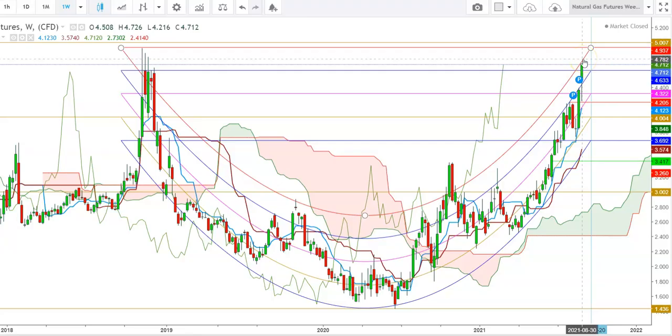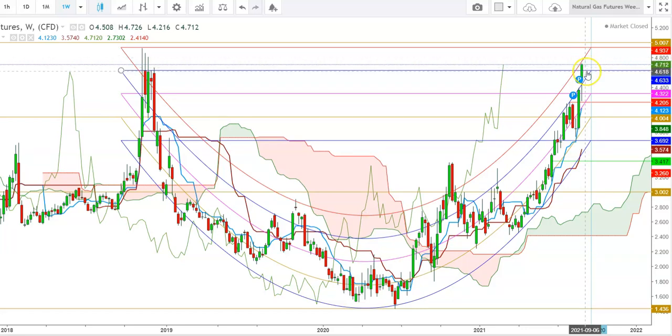So friends, here I find that the natural gas futures could find stiff resistance above the levels of $4.8, because this level from the levels of $4.8 to $4.937 could continue to provide stiff resistance from where we will see the continuation of selling pressure in natural gas futures.